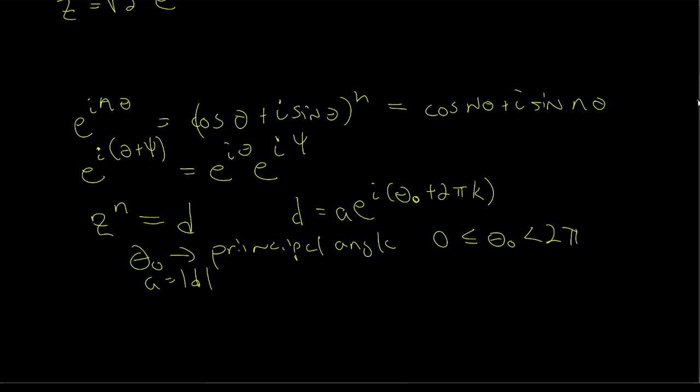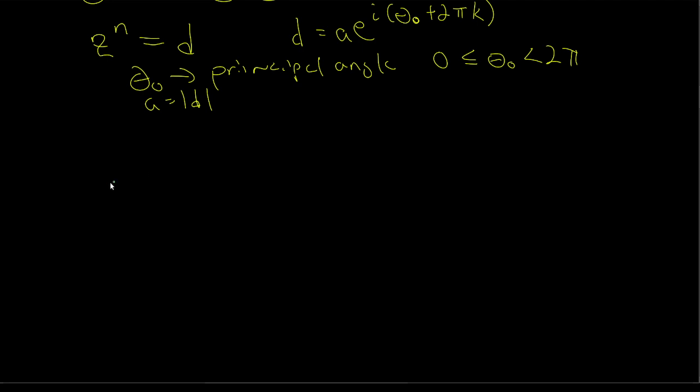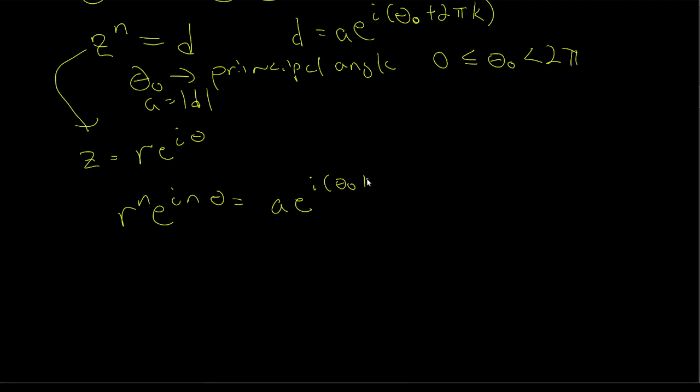So if we rewrite all this in polar form with z equals r e to the i theta, then I can do z to the nth, so I'm going to put these together and get r to the nth e to the i n theta, which is going to equal whatever d was, A e to the i, the principal angle, plus 2 pi k.